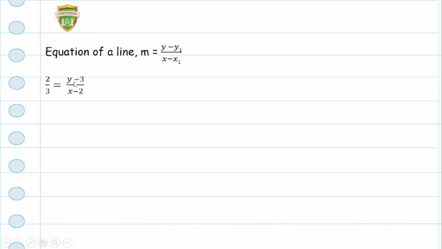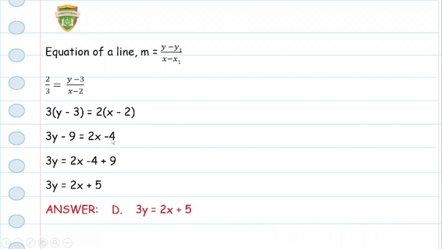So 2 over 3 equals y minus 3, because that's the y coordinate, over x minus 2, because that's the x coordinate. I cross multiply: 3 into y minus 3 equals 2 into x minus 2. Opening the brackets, this becomes 3y minus 9. We take this to the other side, so 3y equals 2x minus 4 plus 9. And we know that 9 minus 4 is 5. So 3y equals 2x plus 5, and that is option D.